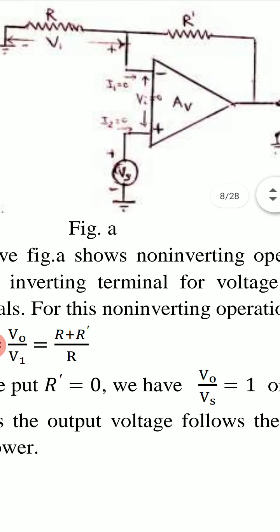Here input signal voltage Vs is applied to the non-inverting terminal, plus, represented by plus sign. It is the non-inverting terminal, and input voltage Vs is applied to the non-inverting terminal.